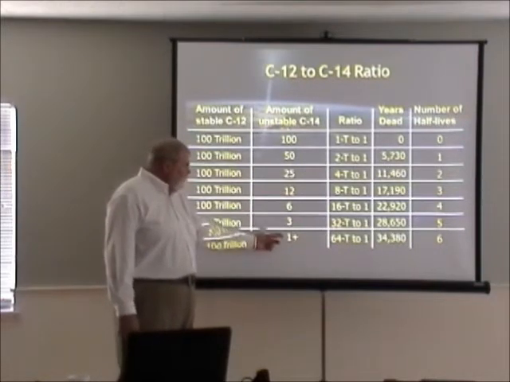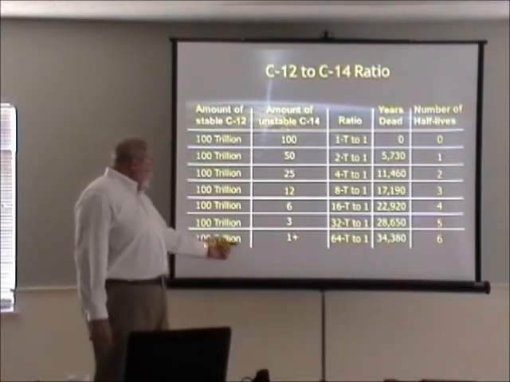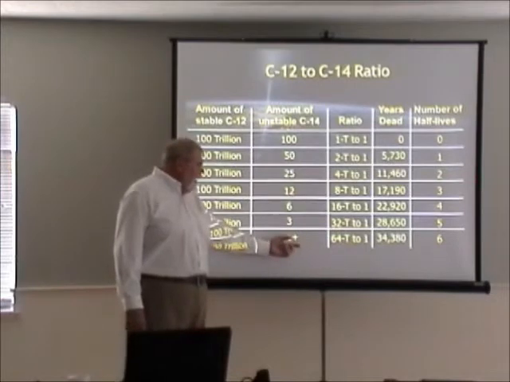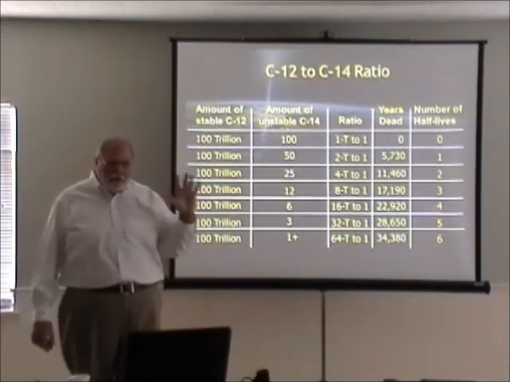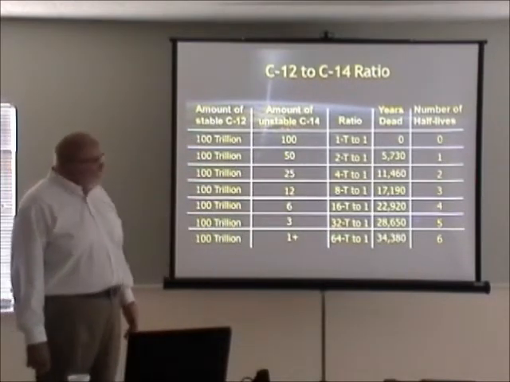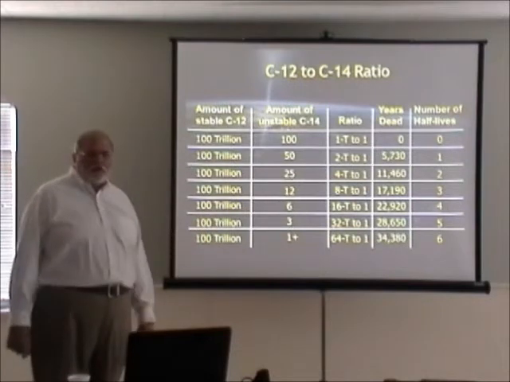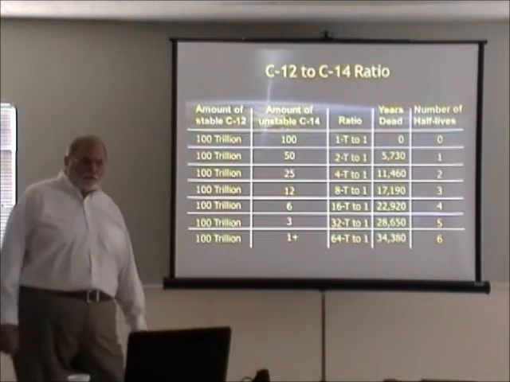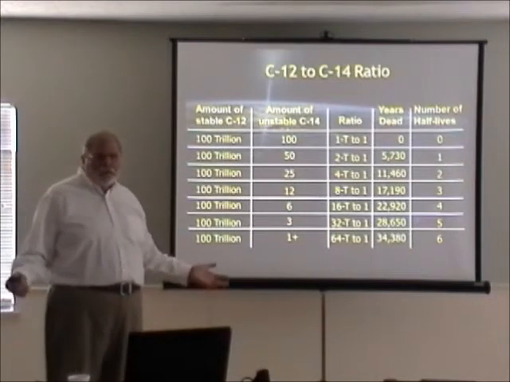So when you count 100 trillion stable carbon atoms and you find about one or so unstable C14, you think that's probably around 6 half-lives, which is about 34,000 years. Fairly accurate.